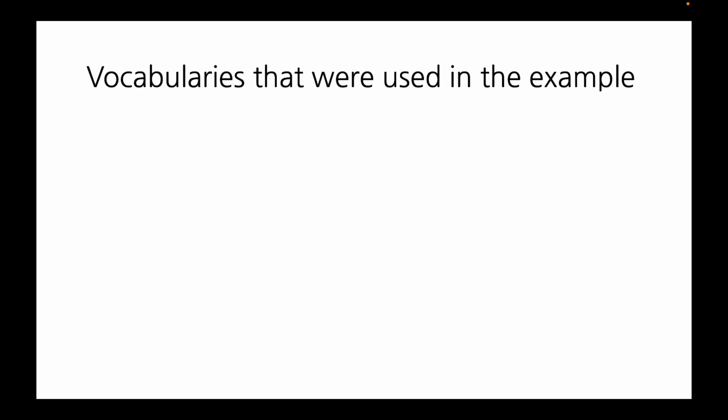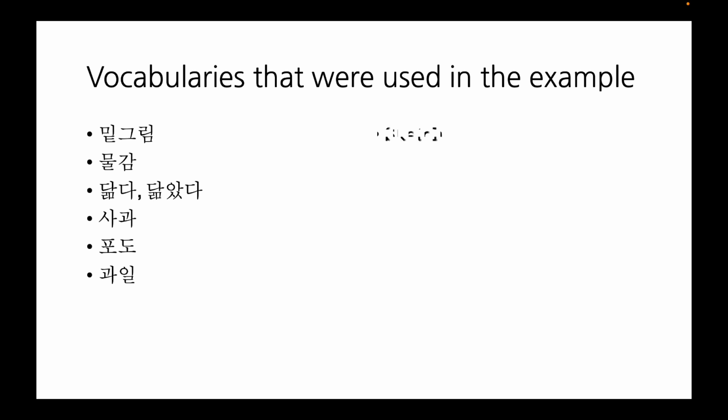These are the vocabularies that I mentioned in the examples just before: 밑그림, 물감, 닮다, 닮았다. 닮다 is the present form and 닮았다 is the past form of 닮다. 사과, 포도, 과일. 밑그림 means sketch or drawing. 물감 means paint, any kind of paint.